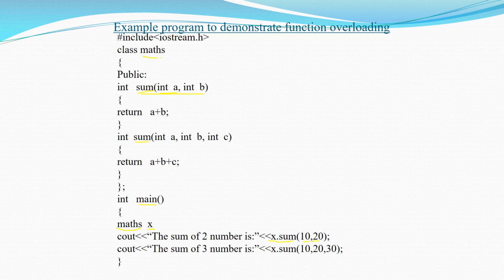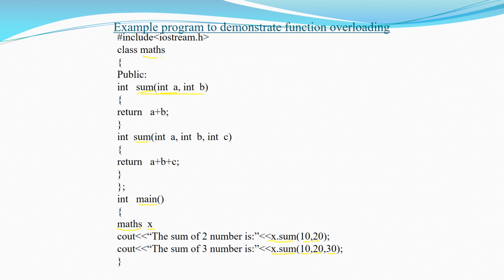The second one, I have cout the sum of three numbers. The x is an object which calls the same function name, where we come across function overloading. Once the function is called, it checks that I am passing three values, 10, 20 as well as 30.